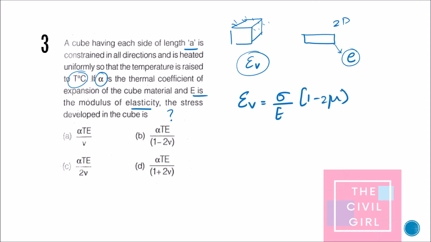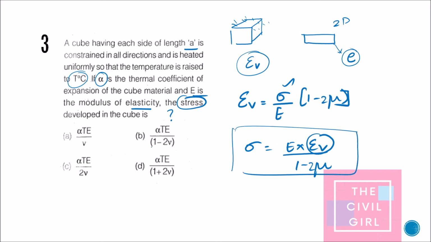From this, we calculate the value of sigma, because they have asked for the stress only. So sigma is equal to E into volumetric strain divided by 1 minus 2 nu. You don't have to calculate this. You can just compare it with the options given. You can see that there is only one option with 1 minus 2 nu. So this is your answer.